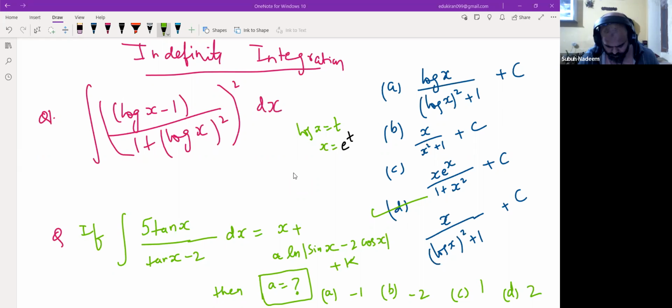So after you do the sine and cos part, how do you proceed? Yeah, let me explain it.